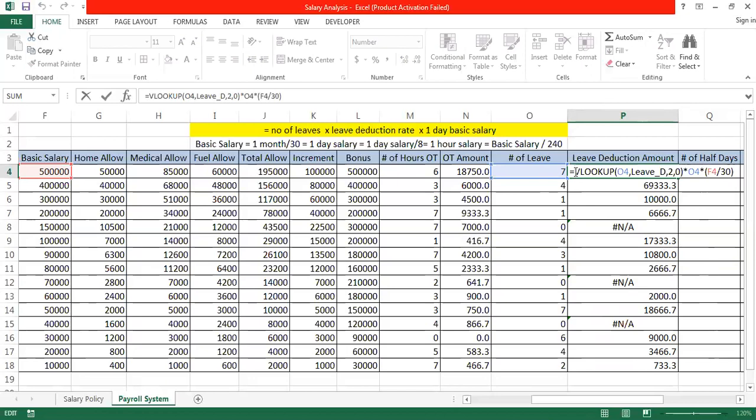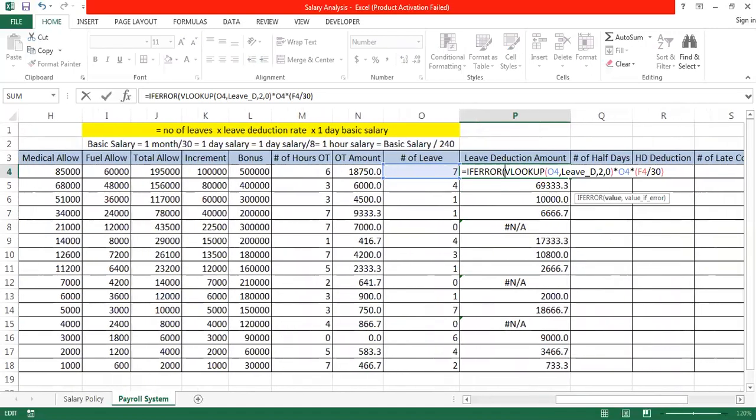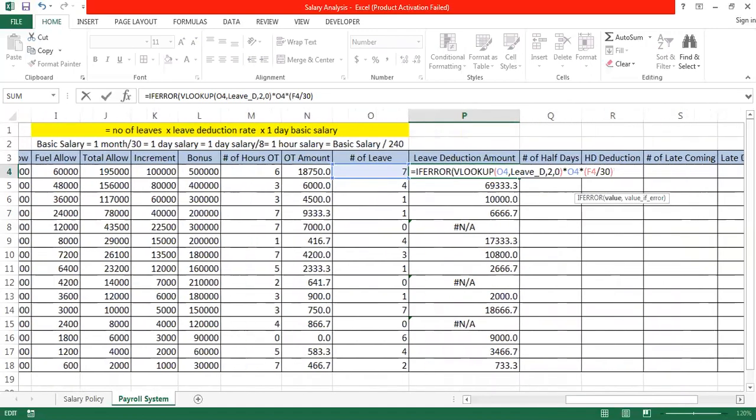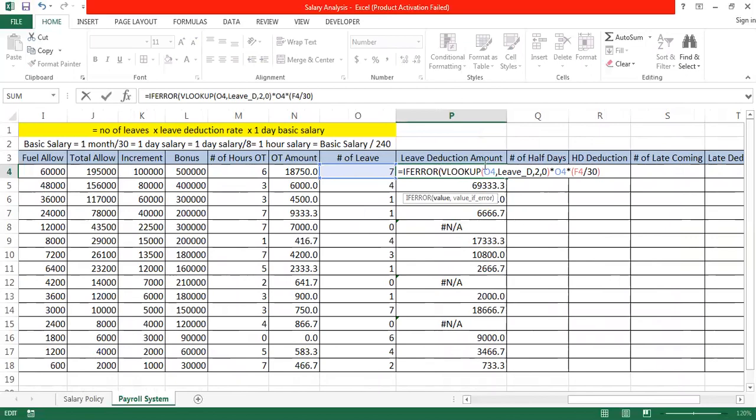If I'm going to use if error, so if error, and selecting is equals to if error, and this is the value, and comma, if we found an error, the error value will be no deduction.